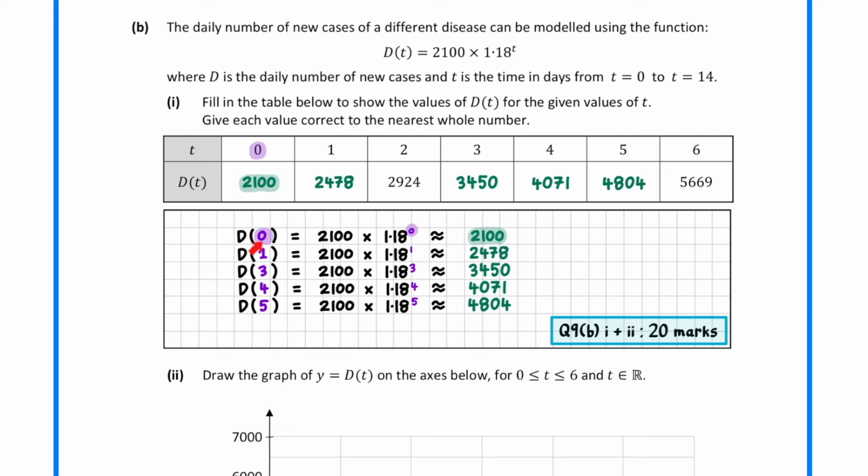Subbing in t equals 0 gives an answer of 2,100. T equals 1 gives an answer of 2,478. T equals 3 gives 3,450. T equals 4 gives 4,071. And t equals 5 gives 4,804.